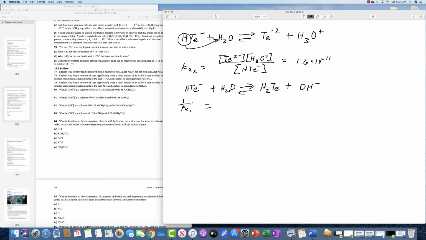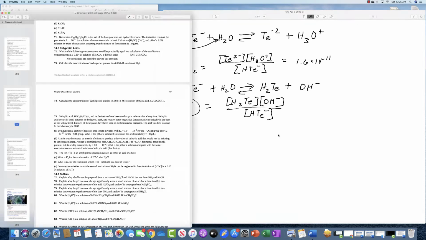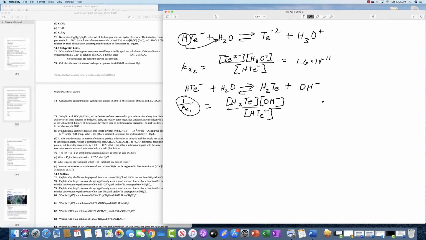In other words, this is going to write out as H2Te plus OH minus going to HTe minus, which is going to be the same as 1 over the Ka1. Ka1 is equal to 2.3 times 10 to the minus 3.